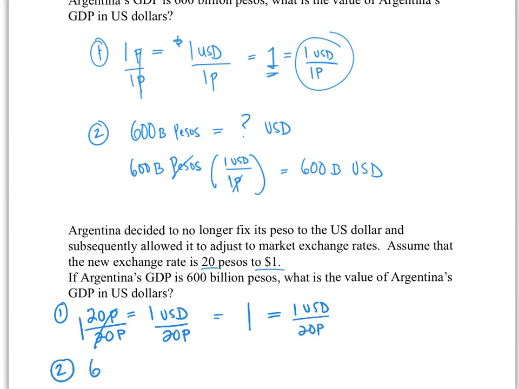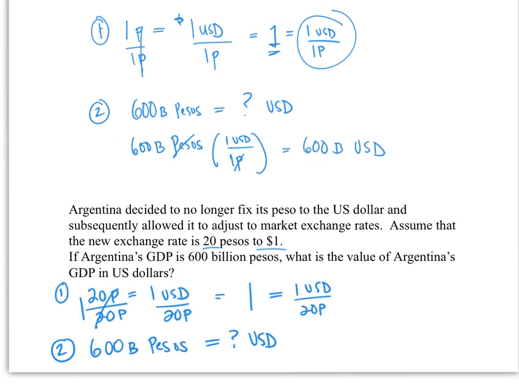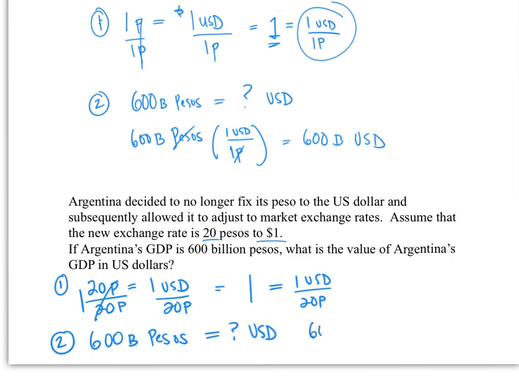We've still got 600 billion pesos as Argentina's GDP, and how many US dollars is that? Well, we can do it with 600 billion pesos times this ratio here, 1 US dollar to 20 pesos.